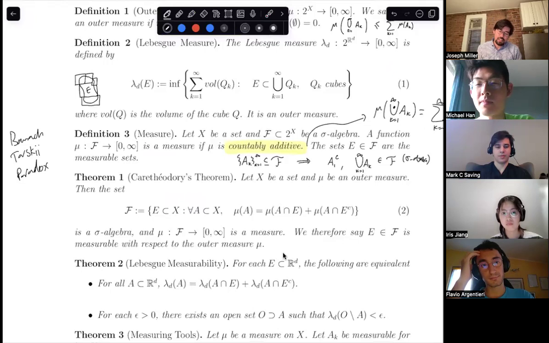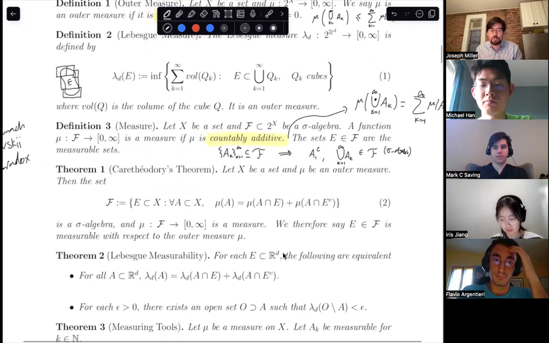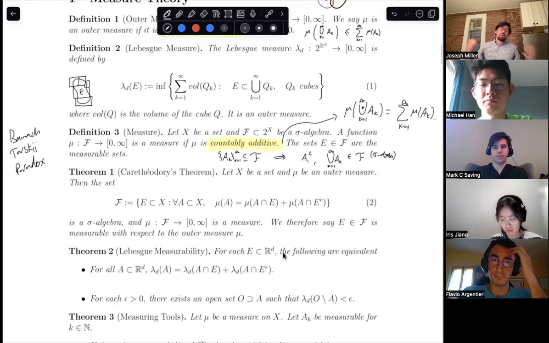Okay. Yeah, so it ends up being provable that if I'm allowed to measure every subset of, for example, R, by what's called the axiom of choice, I can construct things which I cannot assign a measure to in a way that I would want. So there's a couple different ways you can deal with this.